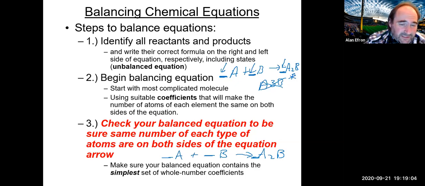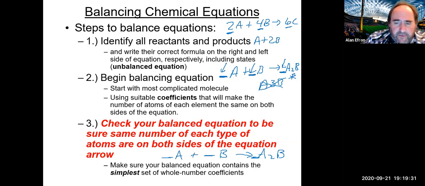Some people see maybe smaller numbers to balance an equation. So for example, if you did an equation where you had 2A + 4B goes to 6C, and we'll just assume that it's all balanced here. Okay, maybe it's balanced, but if you look at all the coefficients here, you could technically reduce all the coefficients by 2. So the properly balanced equation should be A + 2B goes to 3C.